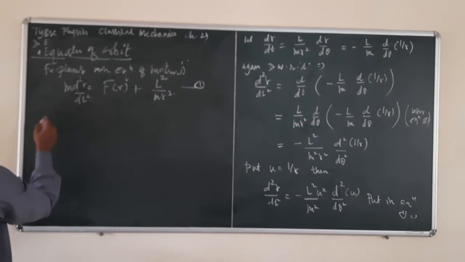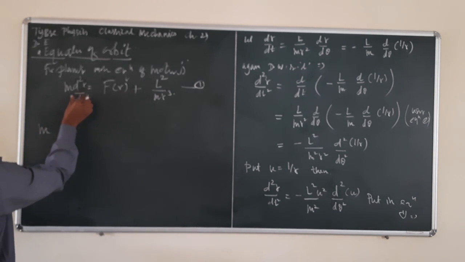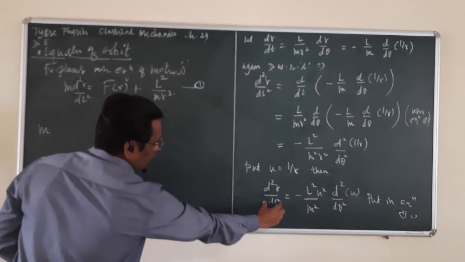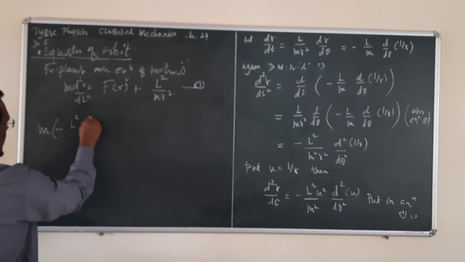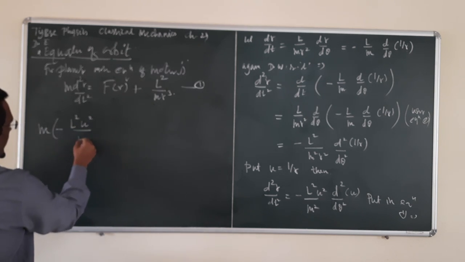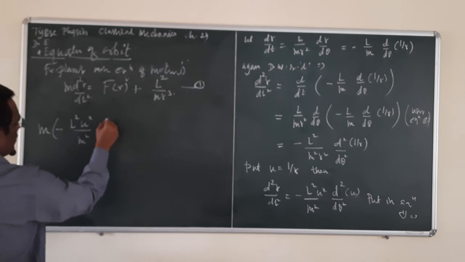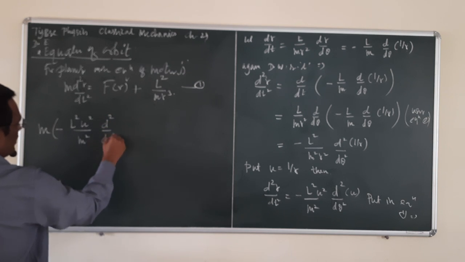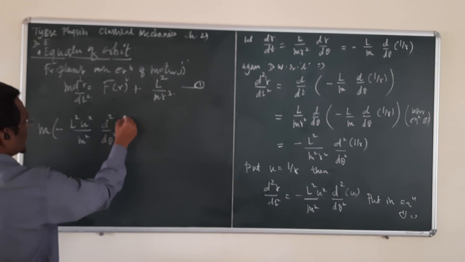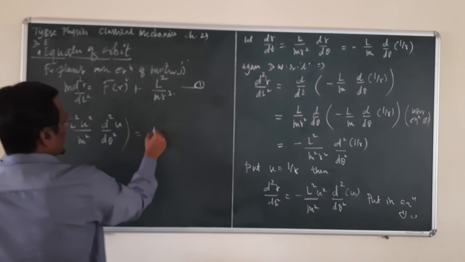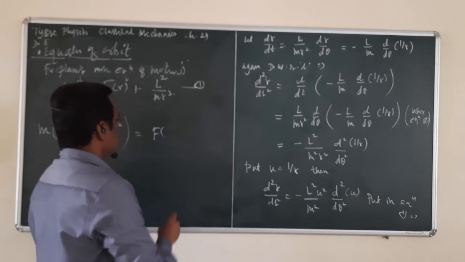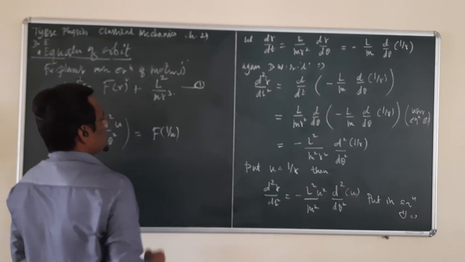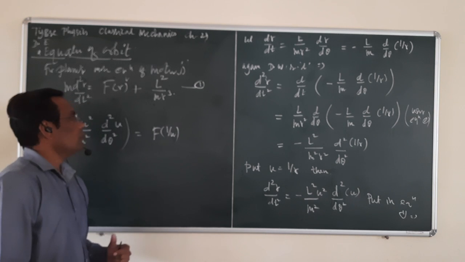If we put this in equation number 1, we will get here m multiplied by d2r by dt square. So d2r by dt square becomes minus L square u square divided by m square d2u by d theta square. Okay, this is equal to f, which is a function of r, but r is equal to what now, 1 upon u. So we can replace this as f, which is a function of 1 upon u.